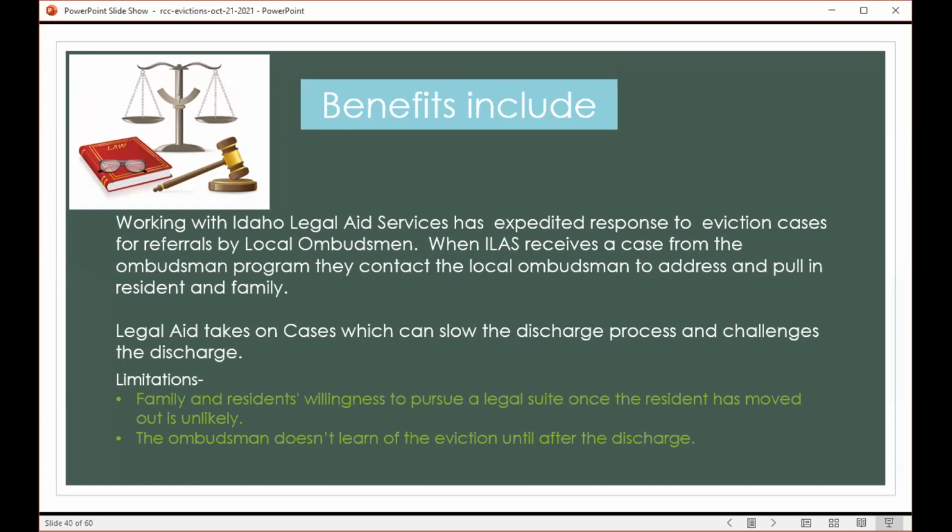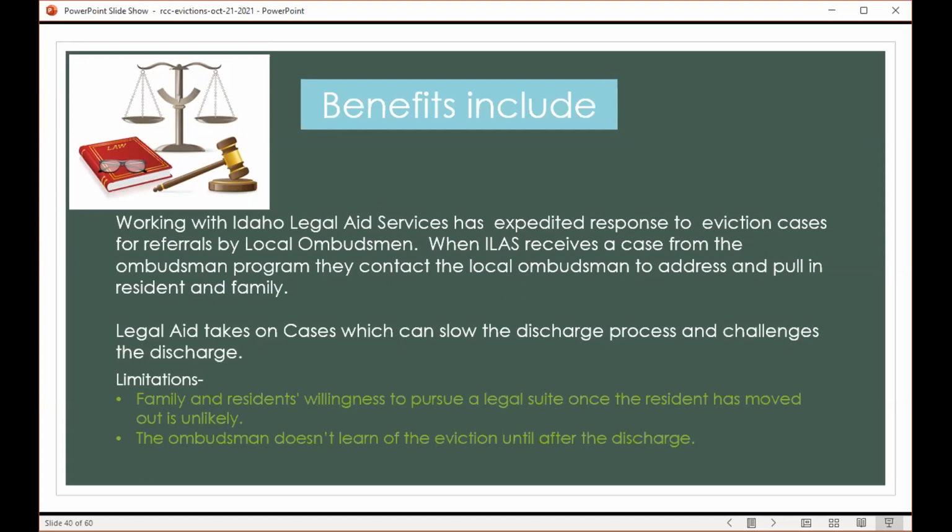One of the things that has kind of been a liability or a weakness in the Ombudsman program is often we do not receive the notification of eviction or discharge prior to an individual already leaving the facility, and family have then called us to reach out to let us know that they had been evicted and these are the circumstances.